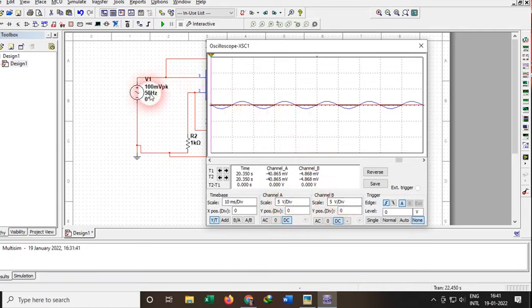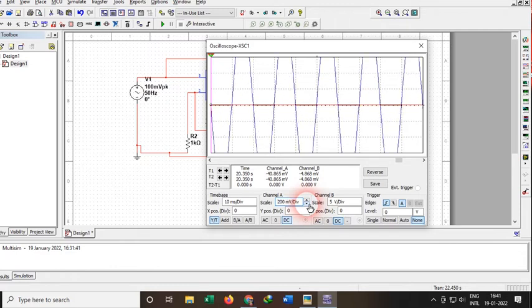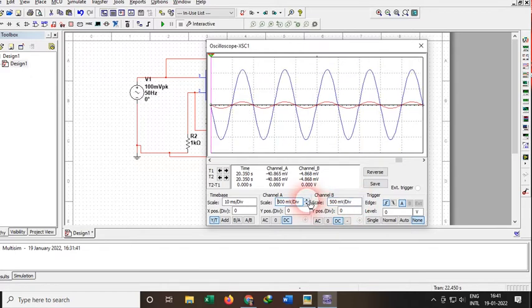Since my input voltage is 100 millivolt, I would need to change the scale of the division. I'm going to make it very low here, and here also. Just make both of the divisions the same, or we could increase or decrease it.